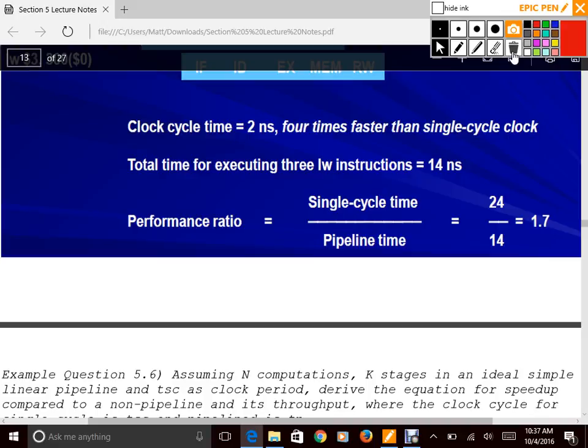So what am I adding here? 1. But if I were to go, all right, give me the 15th instruction, how many is that going to take?